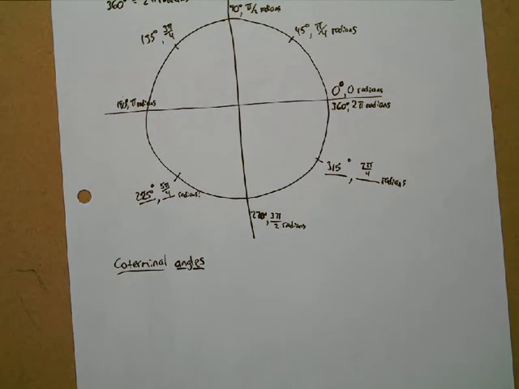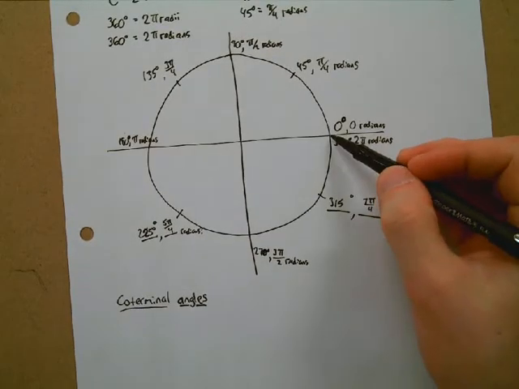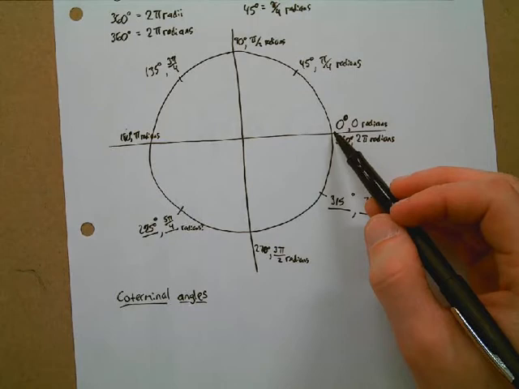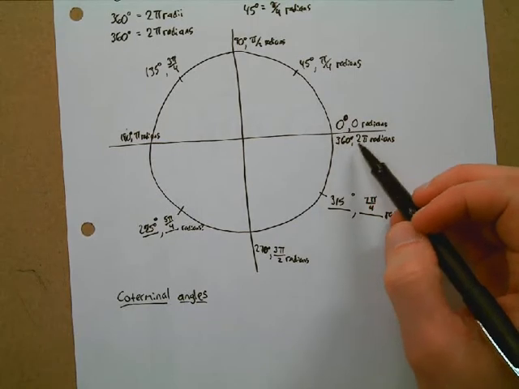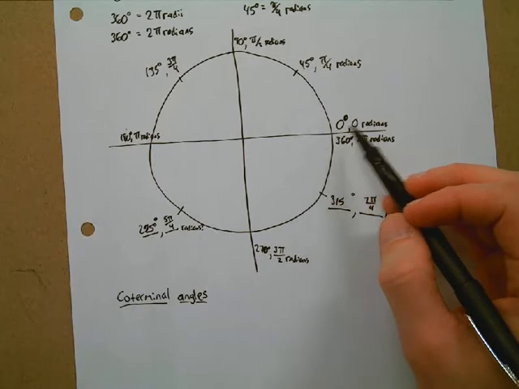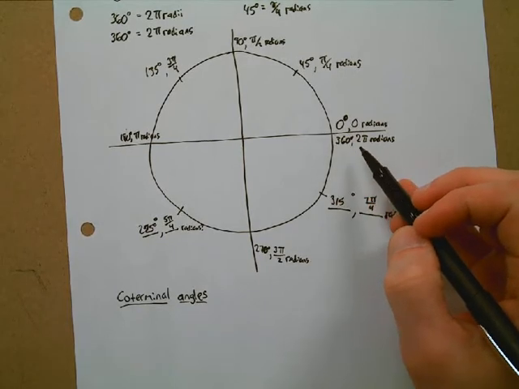This first angle has both 0 degrees or 0 radians, but also 360 degrees and 2 pi radians. If you start and stop right there, it's 0 degrees, 0 radians, or if you start, go around one full rotation and come right back, you're in the same exact position as when you started, so it's the same positionally.